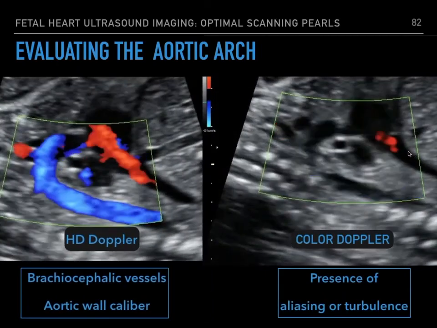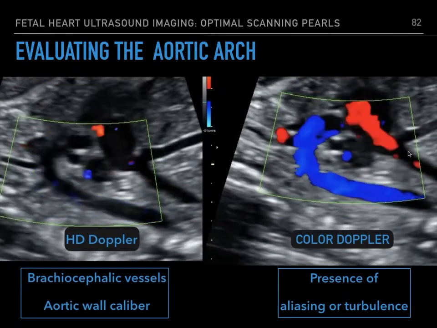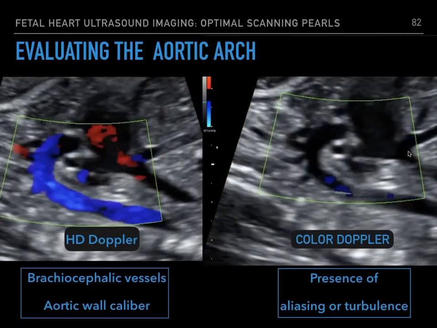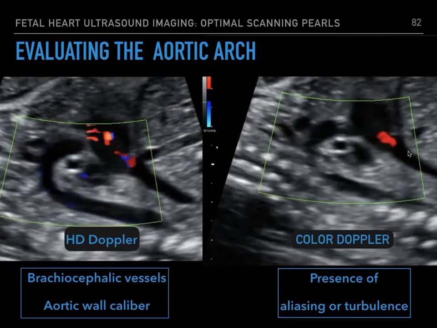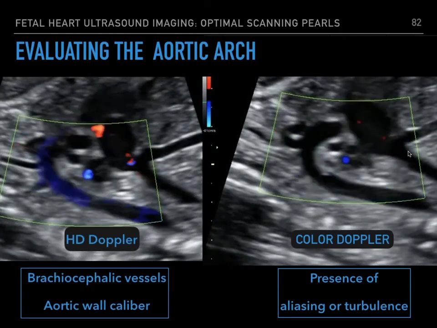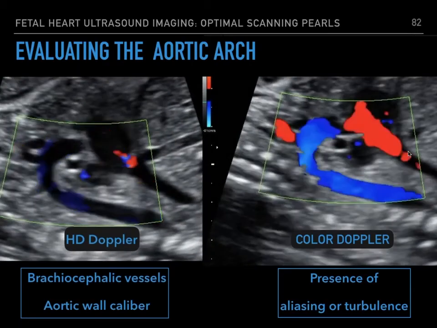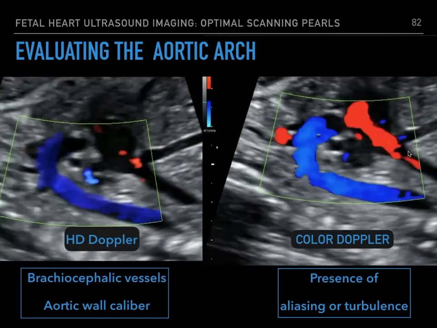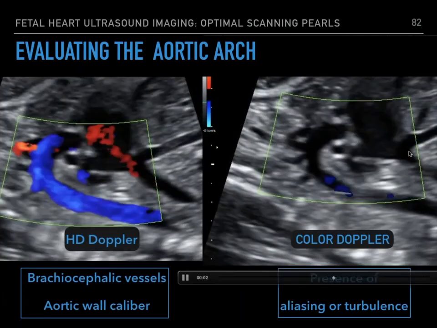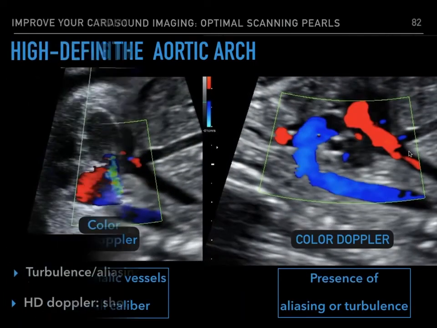In addition to high definition Doppler, color Doppler is also helpful in detecting the presence of aliasing or turbulence in the aortic arch, since high definition Doppler does not display aliasing as well as color Doppler. I'll just show you an example on our next slide.